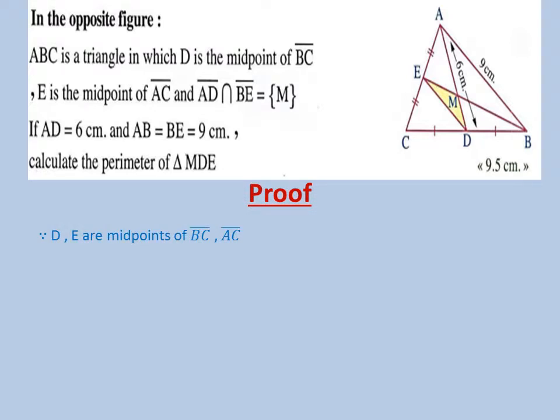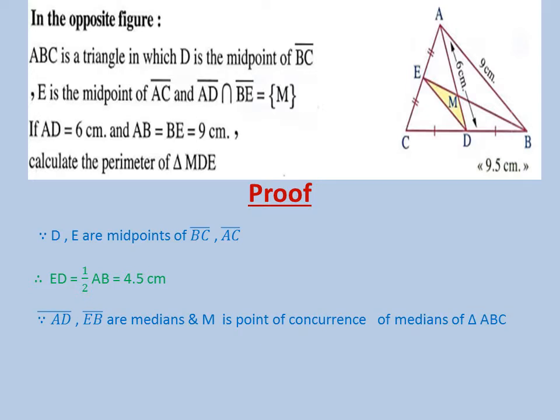First, since D and E are midpoints of BC and AC, the length of the line segment joining the two midpoints of two sides of a triangle equals half the third side. So DE will equal half AB. AB equals 9. So DE will equal 4.5 centimeters.